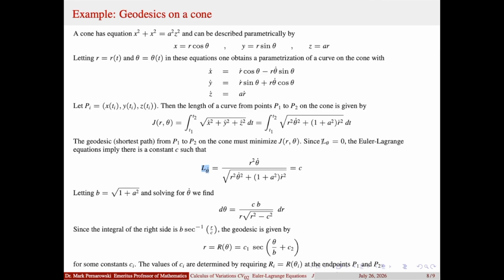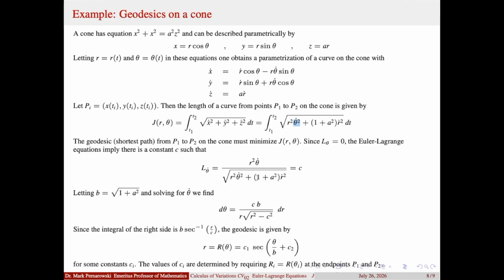So since this is 0, one of the 2 Euler-Lagrange equations is going to be this thing is equal to a constant. So this L sub theta dot, that's taking this square root expression here in this Lagrangian and taking the derivative in theta dot. That only occurs in one spot in here. So I do that partial derivative, I get this expression. That's got to be a constant.